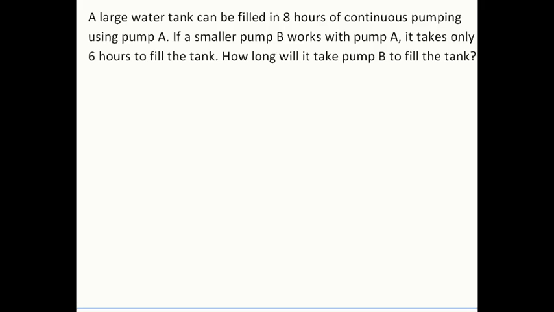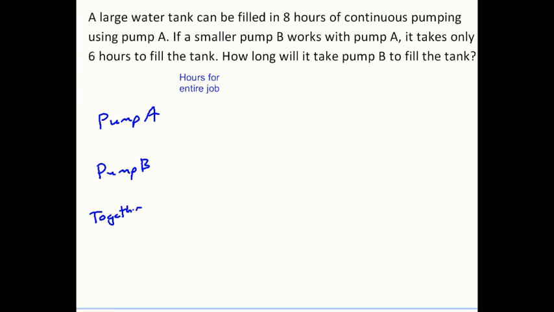So what we're going to do is set up a table here, and our table is going to deal with pump A, pump B, and then working together. And in these tables we're going to have a couple of headings. We want to know how long it takes pump A to do the entire job, how long it would take pump B to do the entire job, and then how long it would take them together.